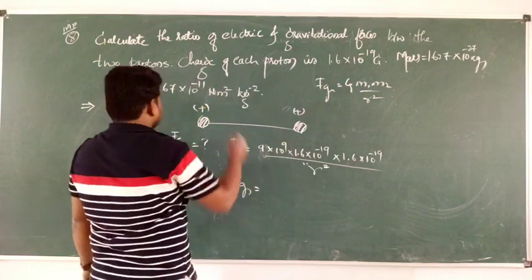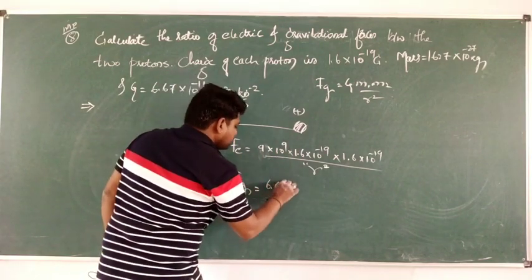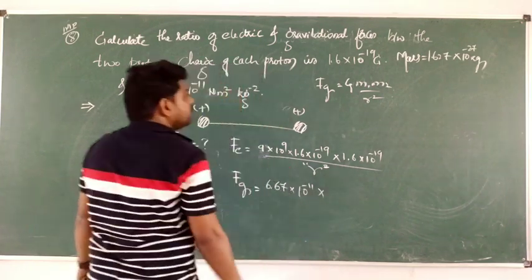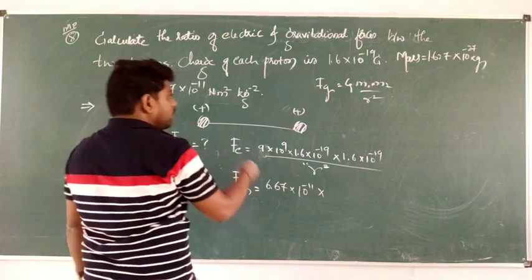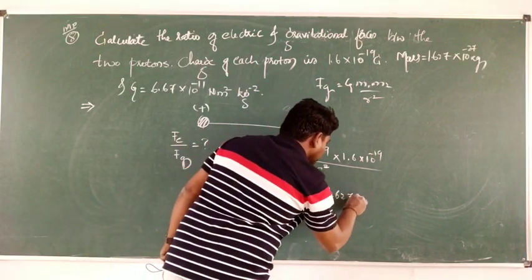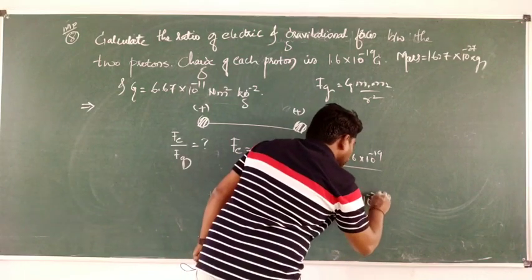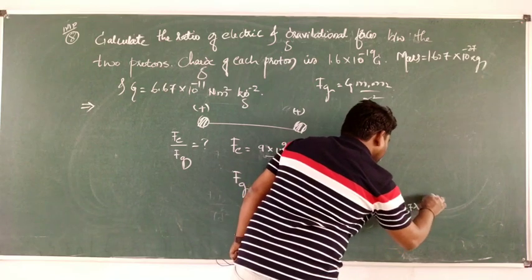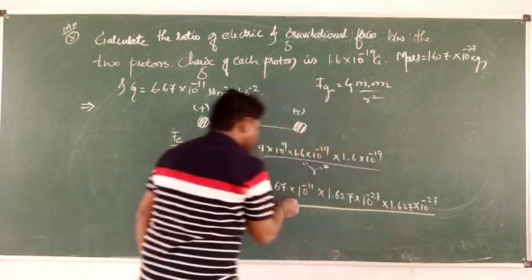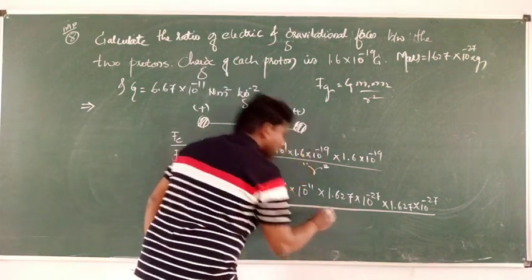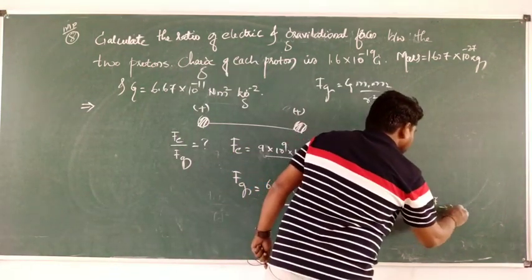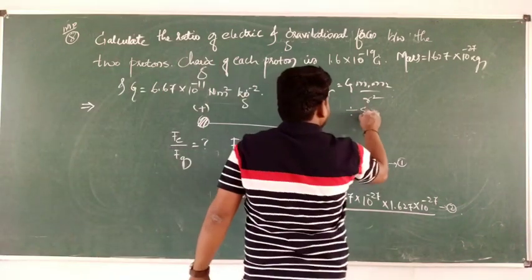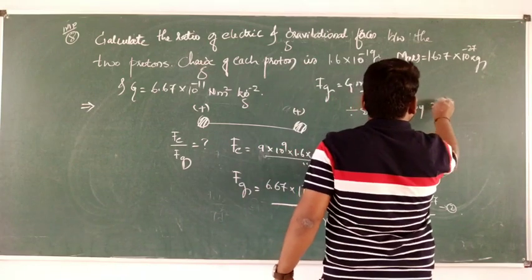The gravitational constant G is 6.67 into 10 to the power of minus 11, into the mass of charge 1, which is 1.627 into 10 to the power of minus 27 kg, again 1.627 into 10 to the power of minus 27 kg, divided by R square. Call this equation 1, call this equation 2. Divide equation 1 by 2.